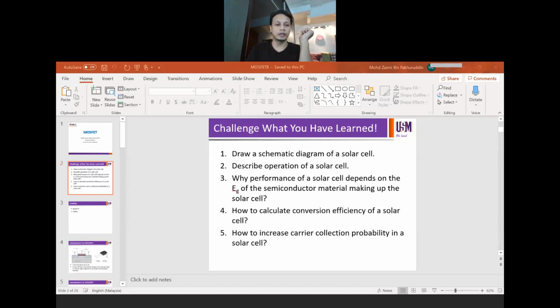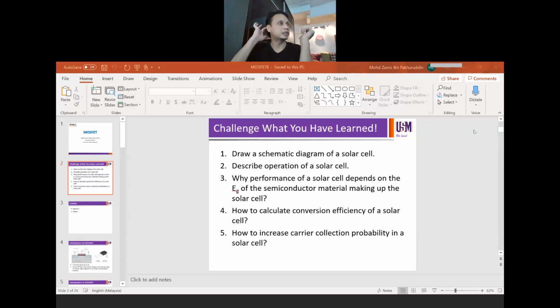So let's go to the second question. Describe the operation of a solar cell. What should happen in a solar cell before you get the current-voltage curve out? Apa yang perlu jadi dalam solar cell? What's the very first thing? Light absorption.